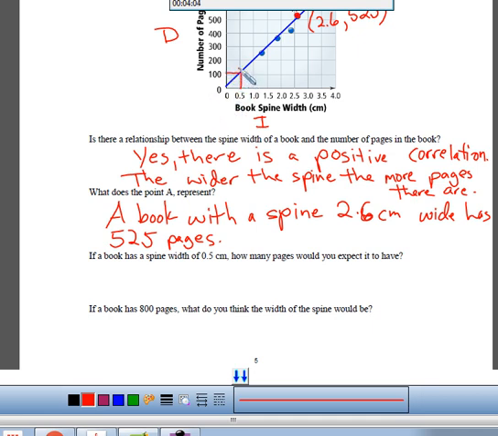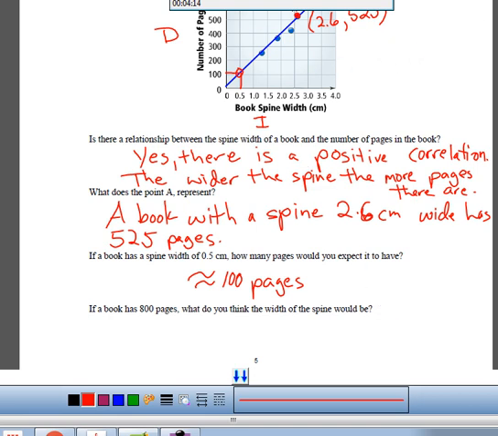To me, it looks like about 100 pages, or approximately 100 pages.